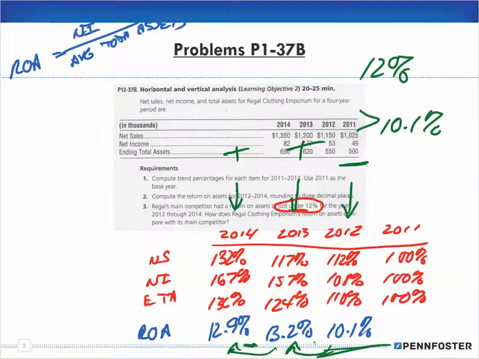That dip is a negative, but the rest is a positive. Even though it had a slight dip going from 2013 to 2014, it still outperformed its competitor, who was a flat 12% across the way. So when you're comparing apples with apples, this would be a positive for Regal, or any investor looking at the information. They would look upon that and say that's something favorable to that particular company.